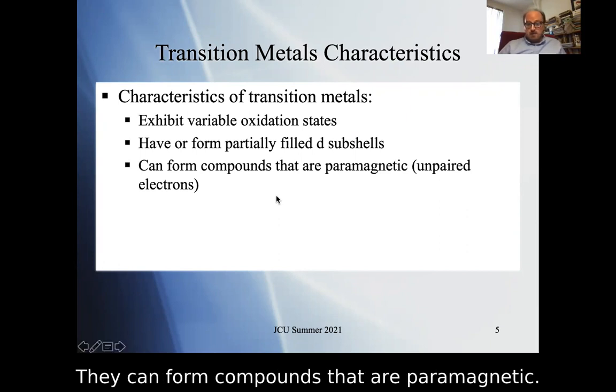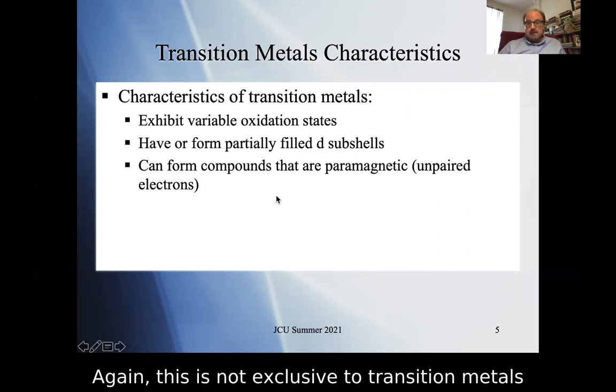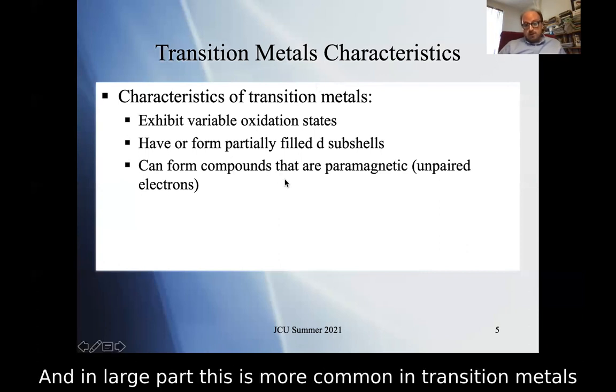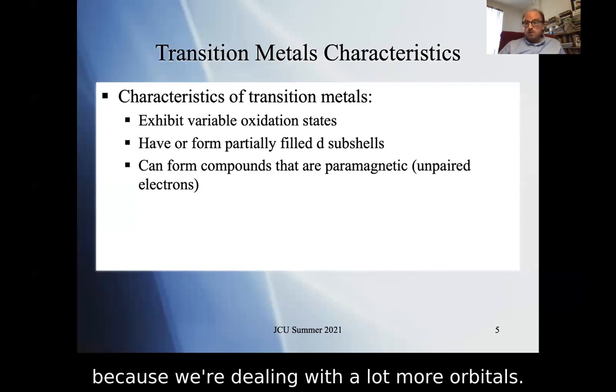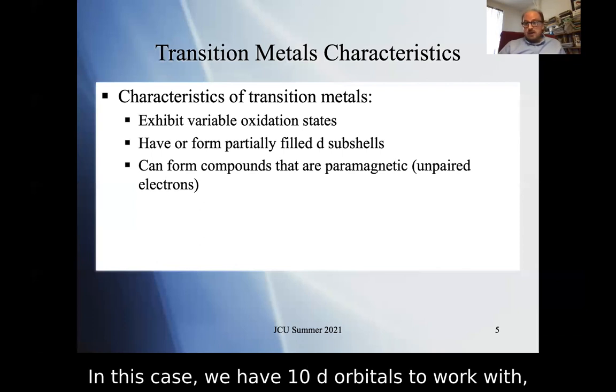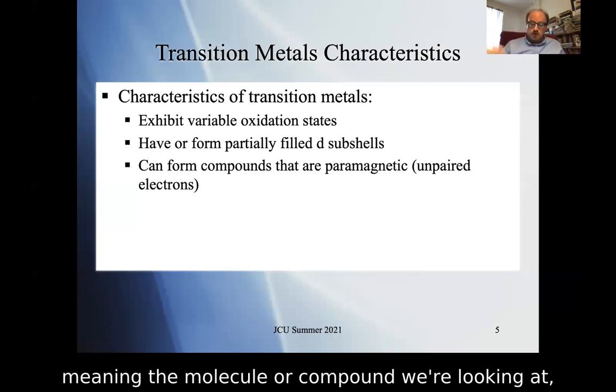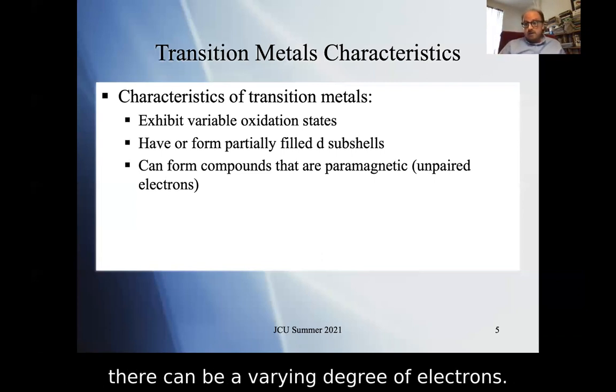They can form compounds that are paramagnetic. Again, this is not exclusive to transition metals, but it is possible. And in large part, this is more common in transition metals because we're dealing with a lot more orbitals. In this case, we have 10 d orbitals to work with, and depending on the circumstance, meaning the molecule or compound we're looking at, there can be a varying degree of electrons.